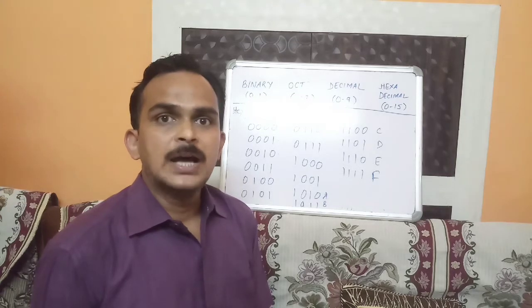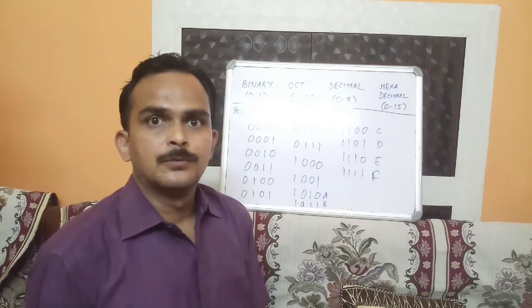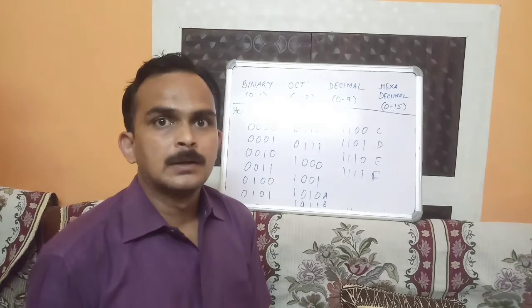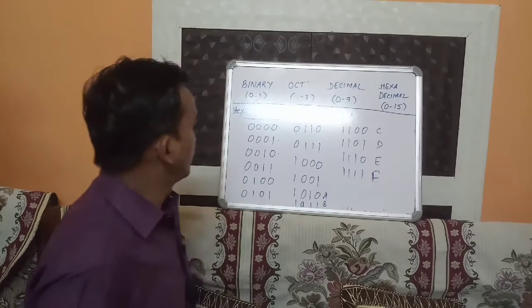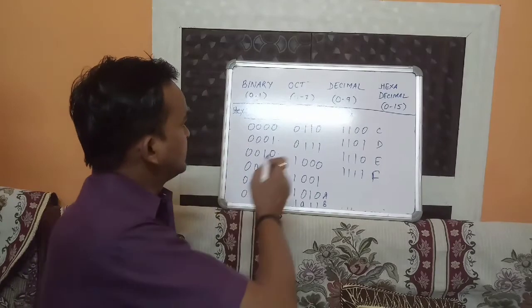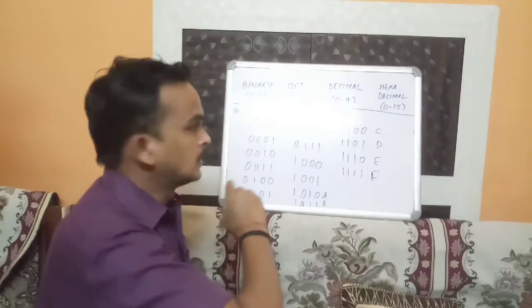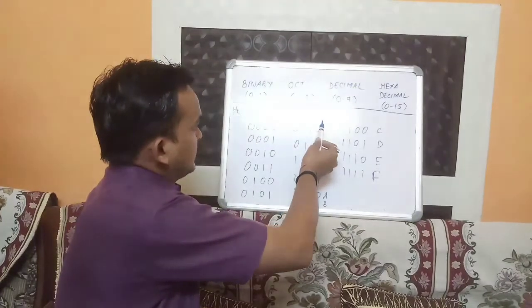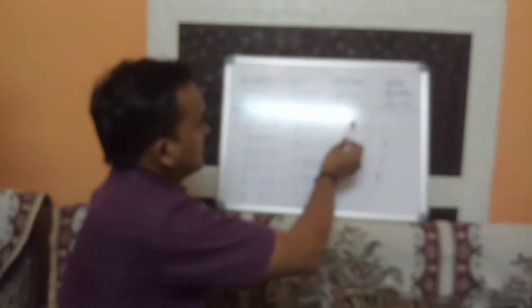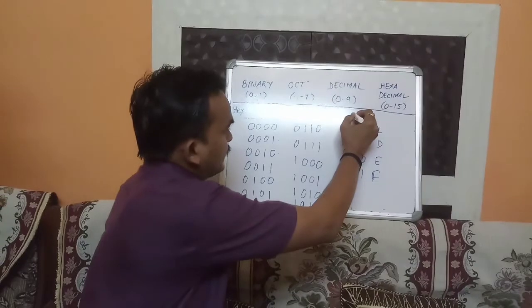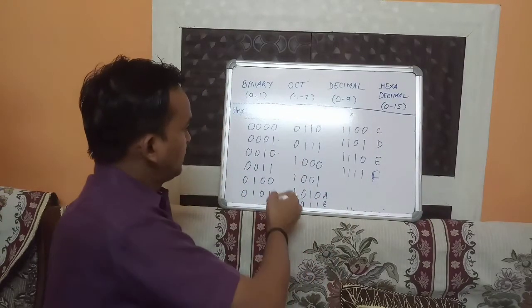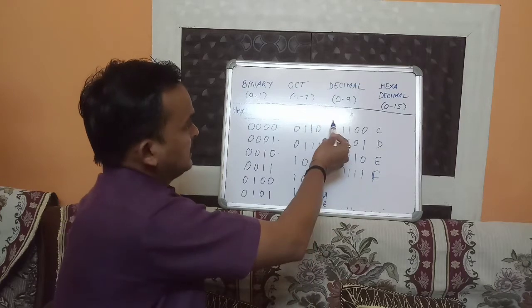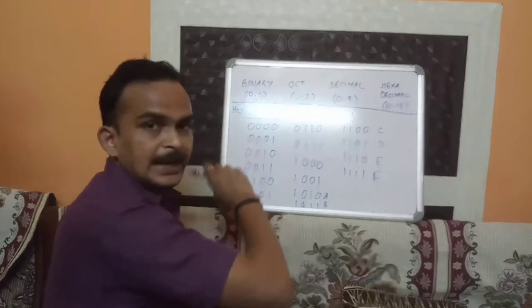That's why we use the hexadecimal table for the decimal number series. In hexadecimal we have 0 to 15 digits, which means the base we write is 16. So this would be the possible combination of 16 values in hexadecimal.